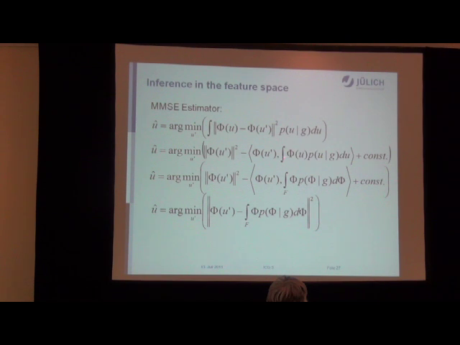In this integral we push forward the probability density onto the feature space, and you see that this is exactly the minimum mean square error estimator in the feature space of the feature vector. This can then be summed up again into this form, and this is exactly the minimum mean square projection of the estimator onto the submanifold.